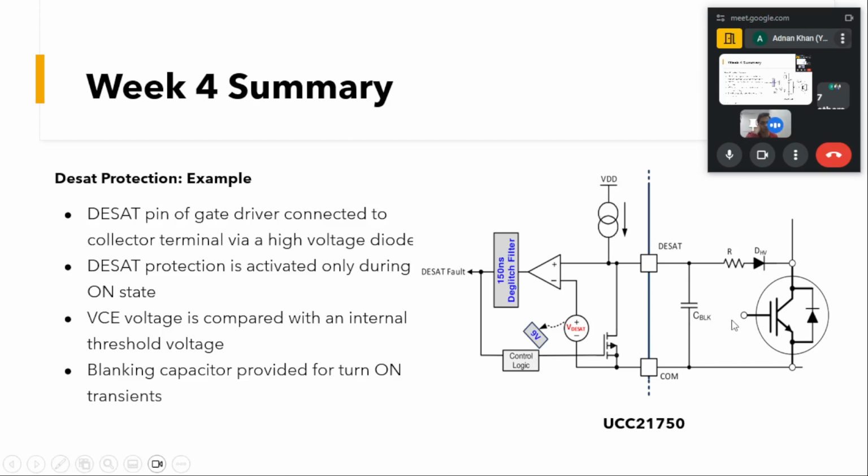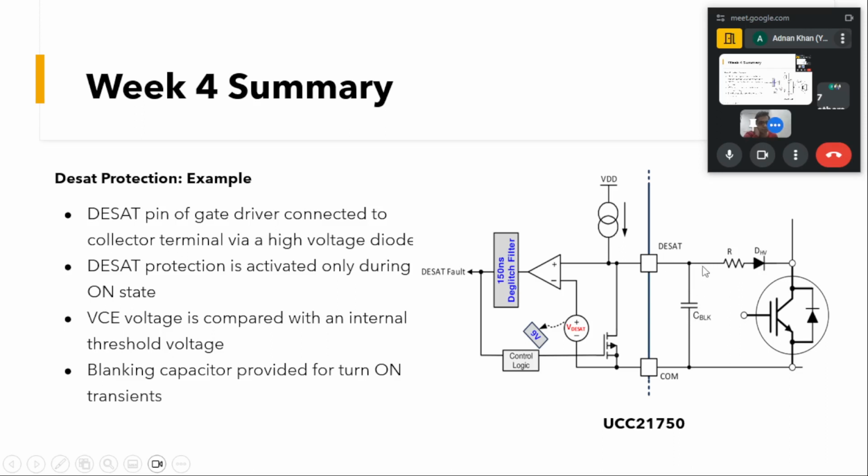Whenever we turn on this device, current will start to flow and charge this capacitor, and voltage will build up in this capacitor. It will take some time for the voltage to build up across this capacitance that will come across this DSAT pin.